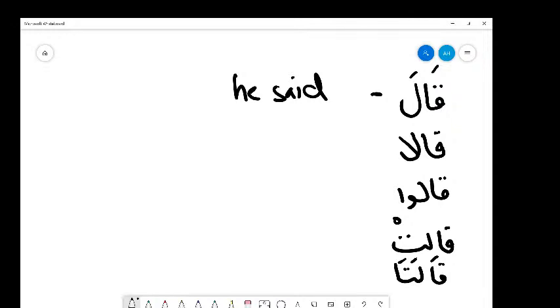So for example, if I wanted to say I said, how would I say it? Okay. So it's supposed to be qalatu, right? But whenever there is a verb that has an alif in the middle, when you put it in this form, for singular, like you're talking about myself, me, the alif drops.